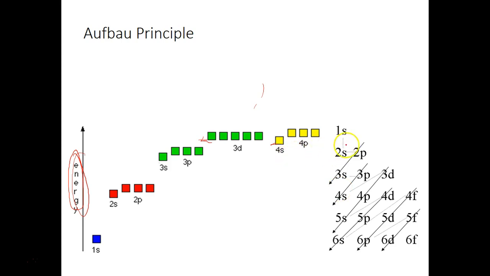And then if you draw lines like we show here with the arrows, diagonal down, if you follow this, we go 1s, and then we reach the end, so we'll go to the next one, 2s, then 2p, follow the arrow down, 3s, 3p, follow the arrow down, 4s, and then 3d, 4p, 5s, 4d, 5p, 6s. So every time you reach the end of the arrow, you just go back and start up. That's one way to memorize it.